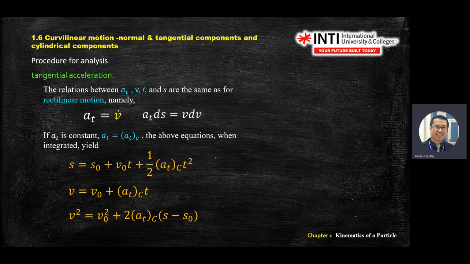Okay, so when you have constant acceleration, you can use the three famous equations: S, V, and V squared. The previous three equations that we learned, you can apply in many chapters.